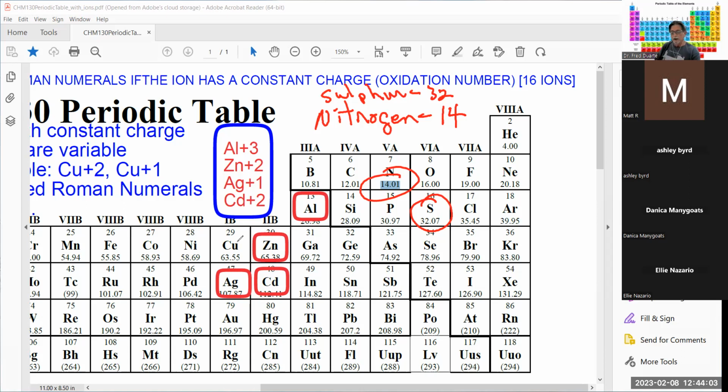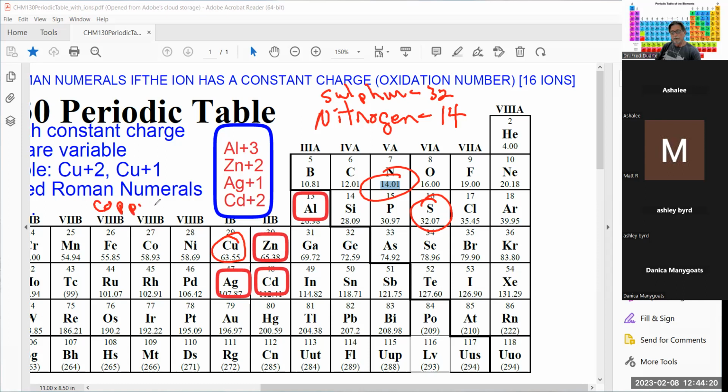Let's look at copper. What would be the most common isotope for copper? 64. You got it. That would be copper-64. You round it up to the nearest whole number, and you can do that for any of the elements.